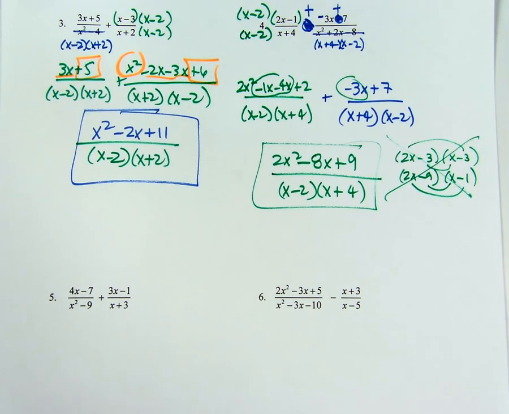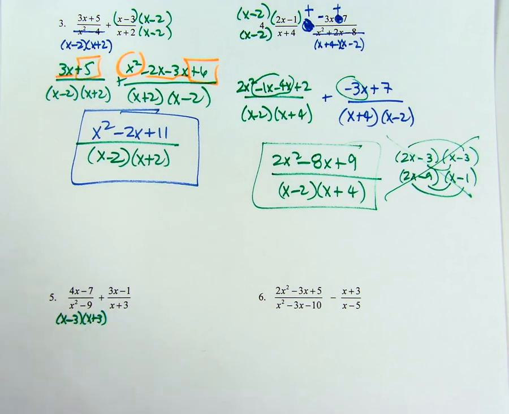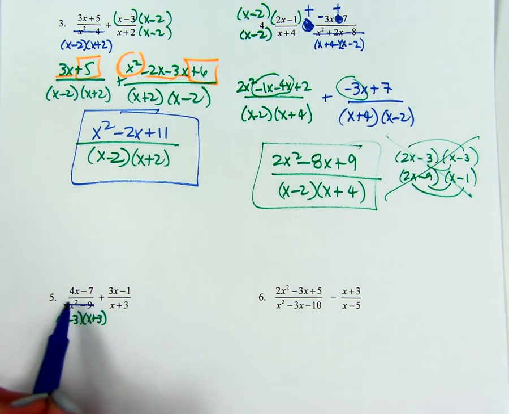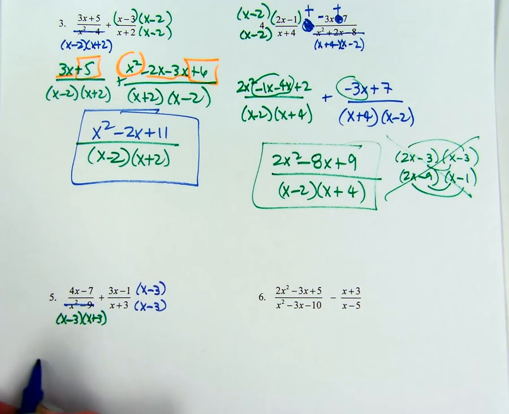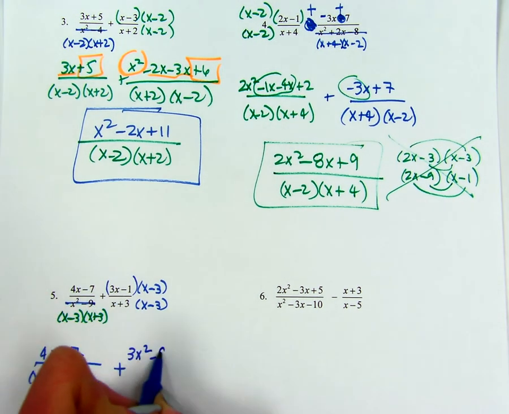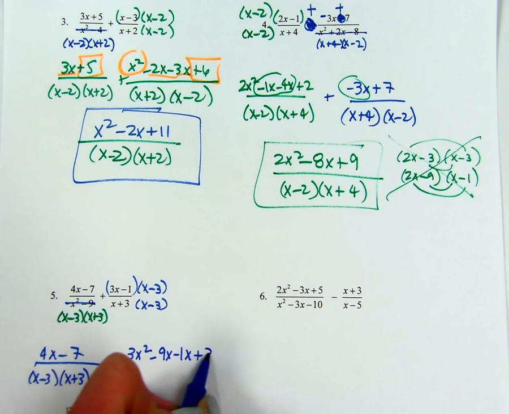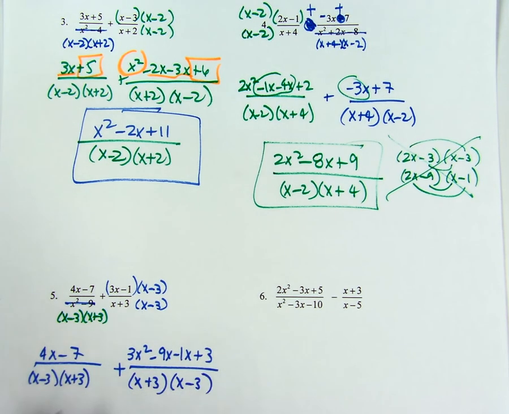All right, let's do the last two. So factor the denominator and look for any missing terms. This side is missing x minus 3. Okay, so I don't need to do anything to the left fraction. I'm just going to copy it again. On the right side, I do need to FOIL, so we get 3x squared minus 9x minus 1x plus 3. And then I'm going to look for common terms to add together.